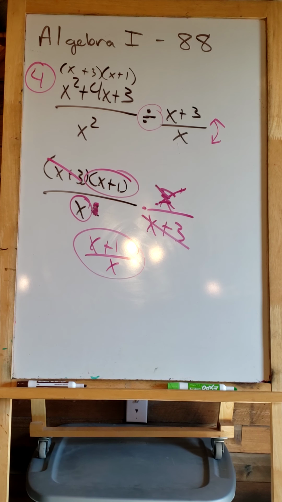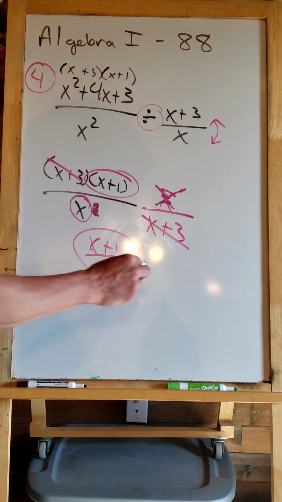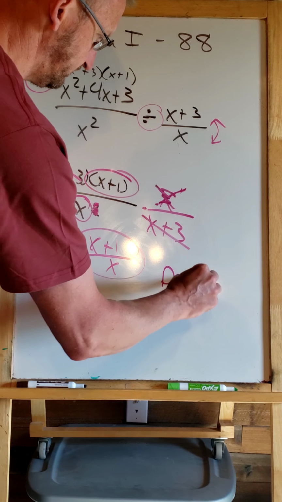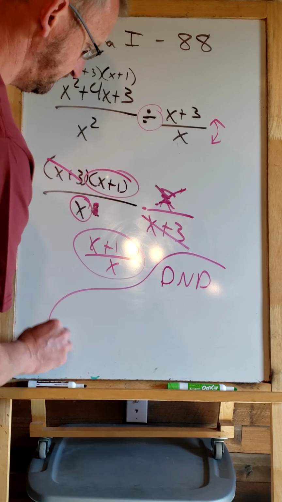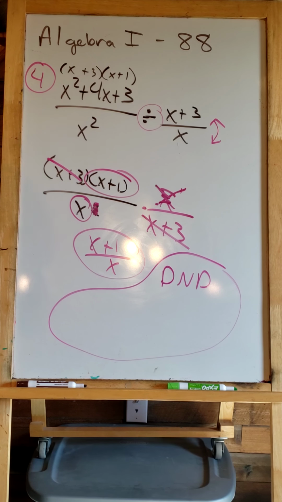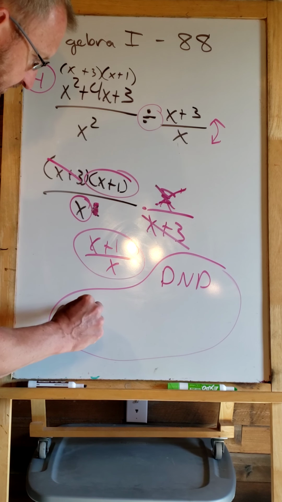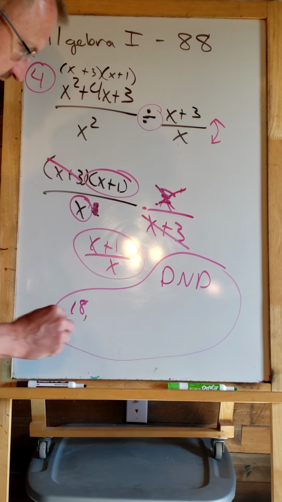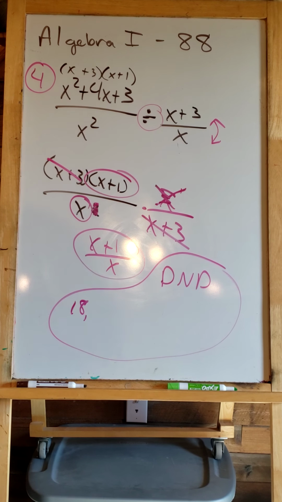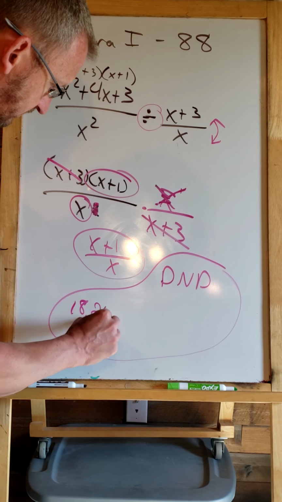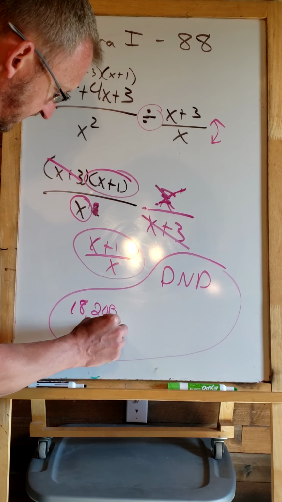So lesson 88. Okay, here's our do not do's. Problems we don't do. All right. Lesson 88, number 18. Don't do 18. 20B.